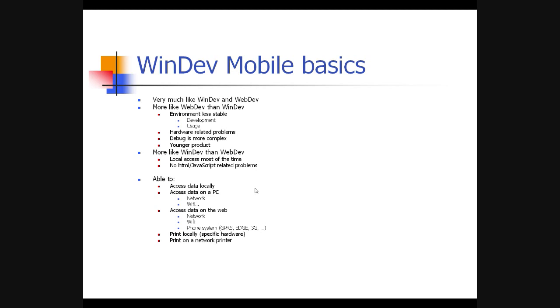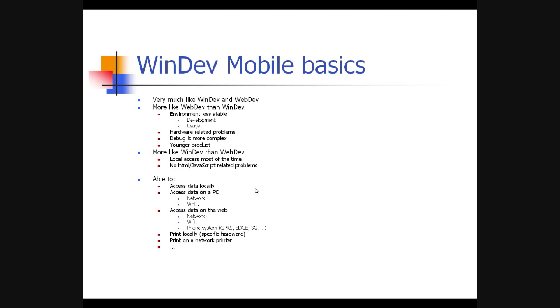In that case, you're in the normal environment with the Windows drivers and so on. As you can see, basically, as soon as you connect your device to the network, you use it the same way that you would use a laptop, let's say.